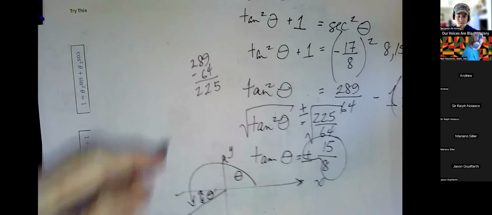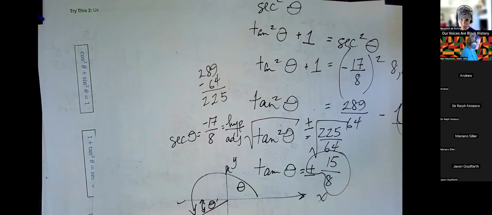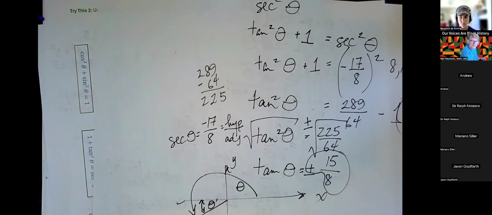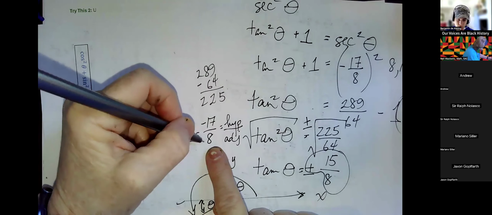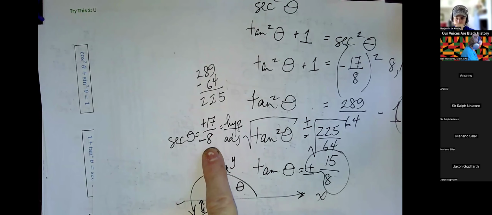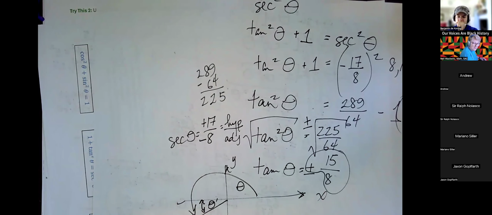Beautiful. And the negative has to go with which side? Hypotenuse or adjacent? Adjacent. That's right. So we're going to think of the adjacent side as -8 and the hypotenuse as 17.